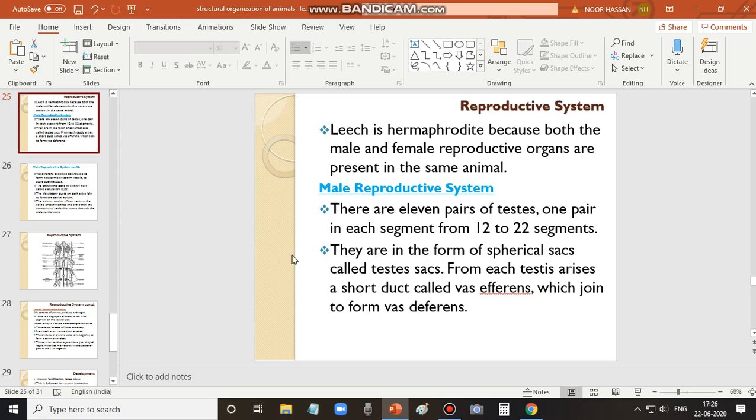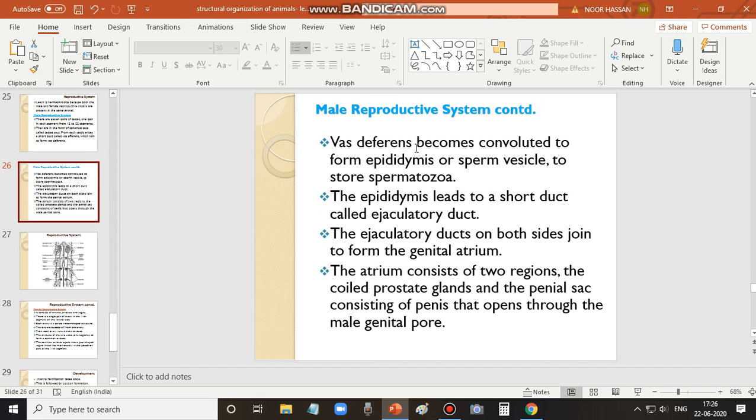Going back to this explanation, this is what we have learned already. There are 11 pairs of testes arranged from the 12th to the 22nd segment. From each testis arises a vas efferens, which becomes the vas deferens. The vas deferens leads to the convoluted tubule epididymis, which is also called the sperm vesicle, so that it can store spermatozoa.